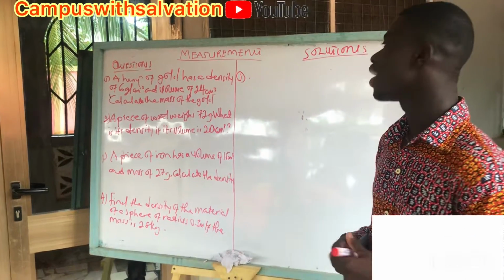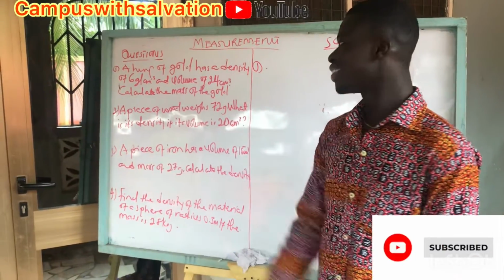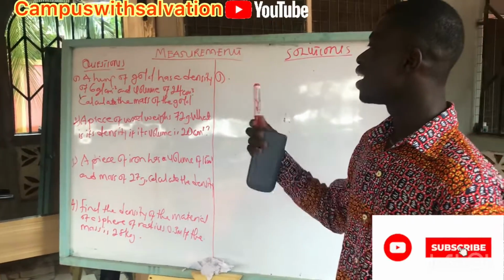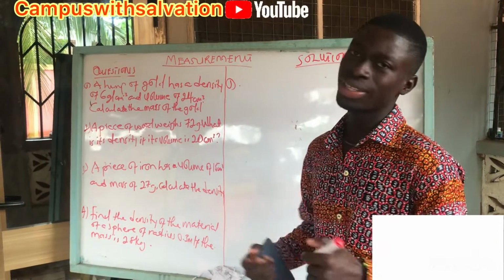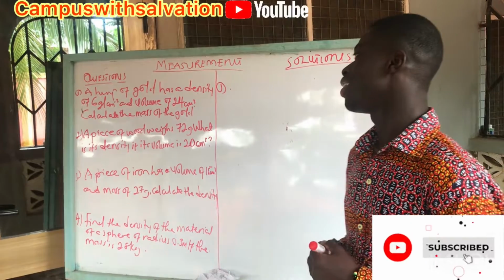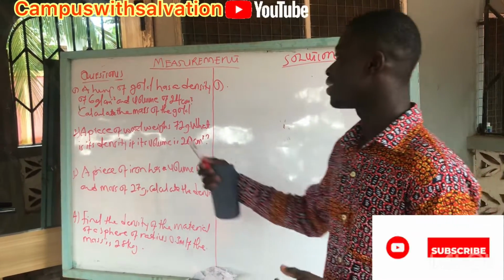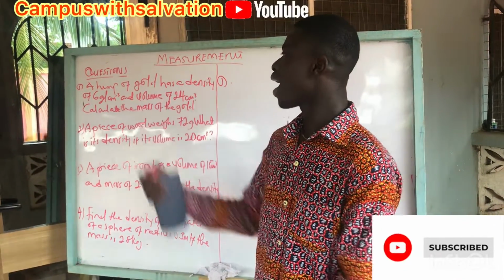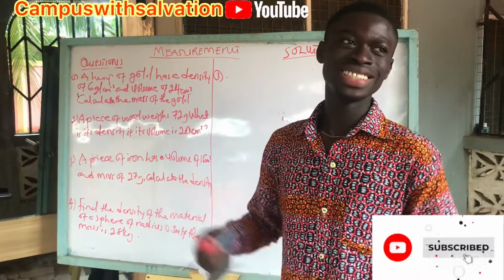Okay, let's proceed. I have 4 questions here, and as I said earlier, there are many different quantities on which we may be solving questions, but today we are solving questions on density only.